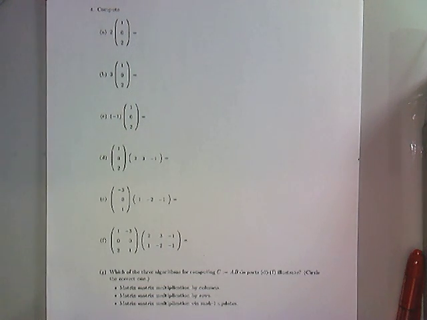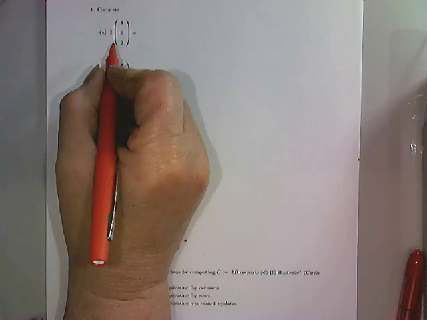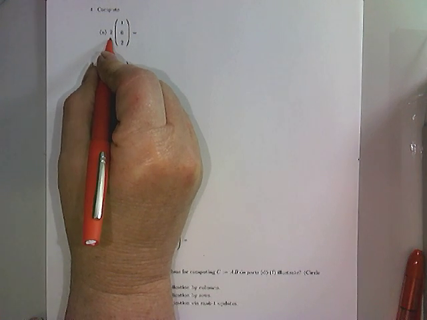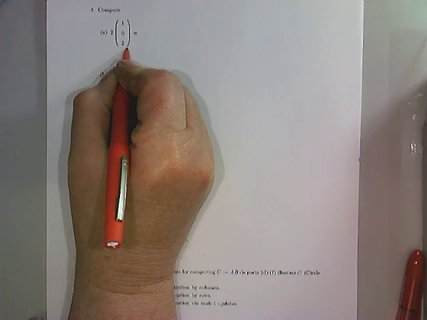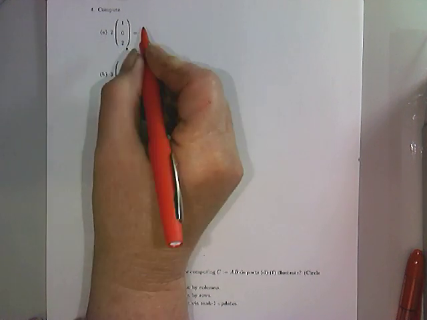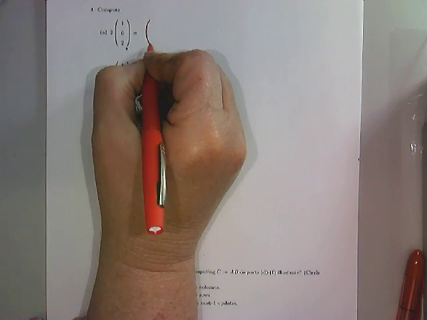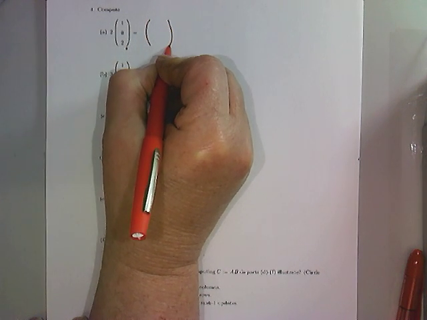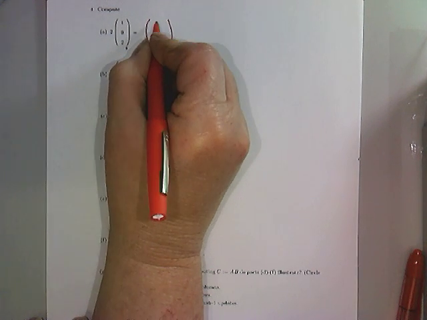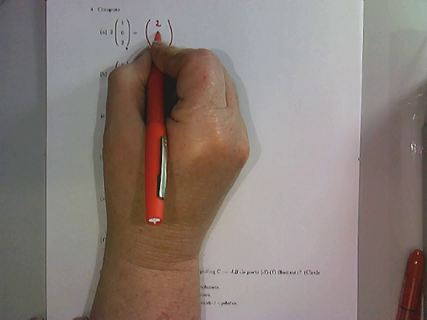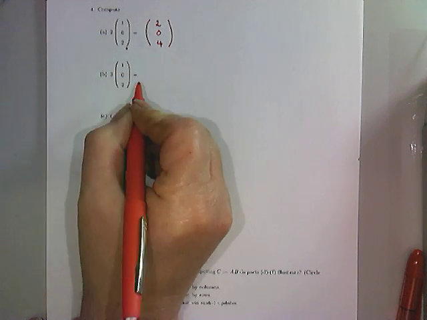Problem number 4 requires a lot of arithmetic again, so keep track of my arithmetic. Part A, we want to multiply this vector of size 3 by the scalar 2, which means we multiply each one of the entries, the components of the vector, by 2, and we get the vector 2, 0, 4.